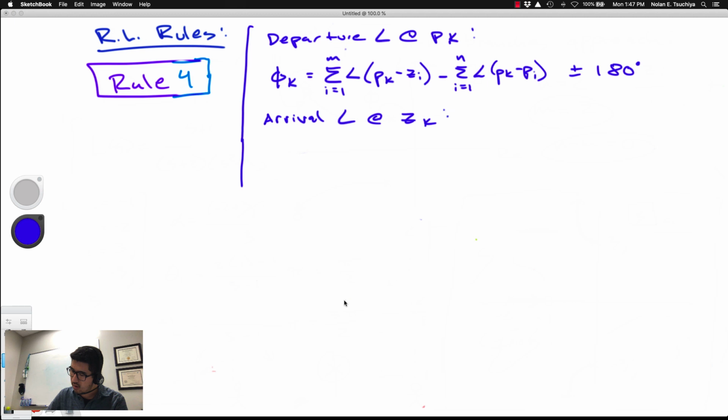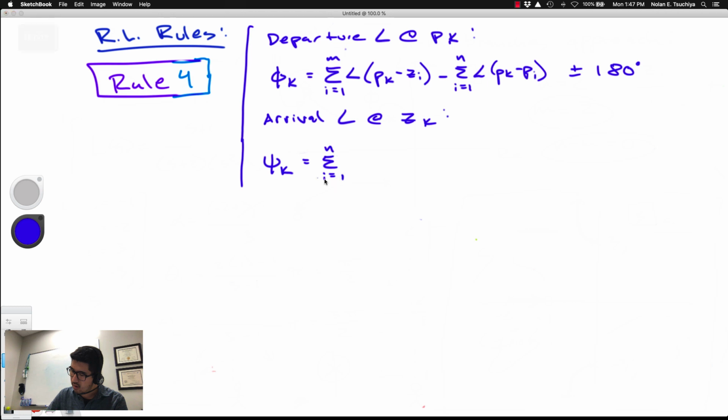The arrival angle at zero z sub k is similar. The equation is similar, but fundamentally different. Okay, so it's also two summations being subtracted, plus or minus 180, but the first summation in this case is the summation through all of the poles.